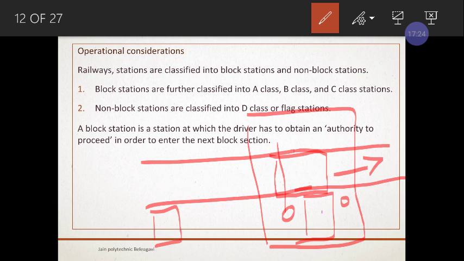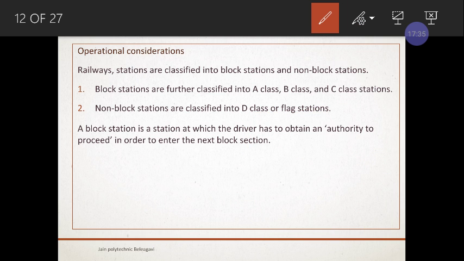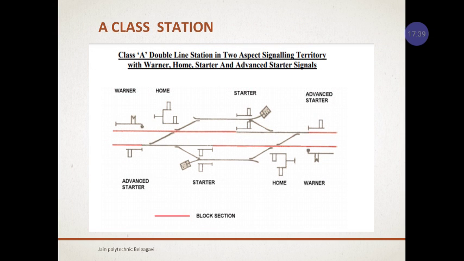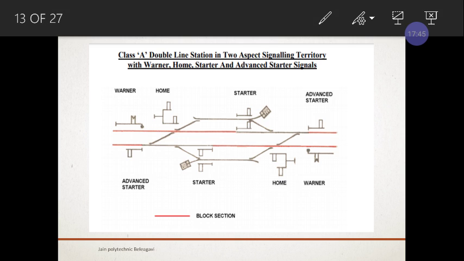If you see this type of arrangement, you have to understand that the station is a class A block station. So this is how the arrangement of the various systems is done.